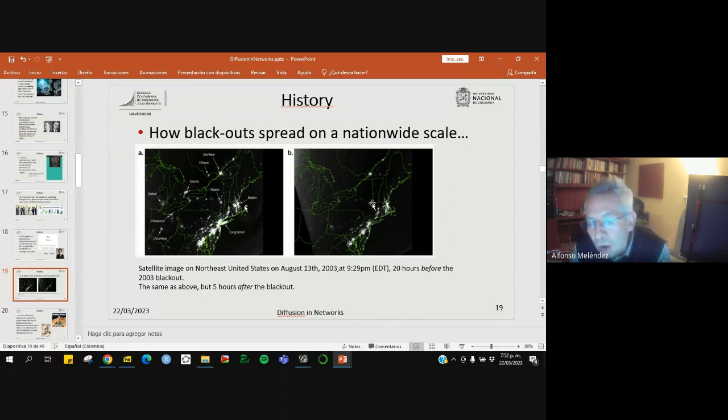And this is 5 hours after the blackout. This was a very contagious phenomenon. In the technical terminology, these blackouts are called cascades.